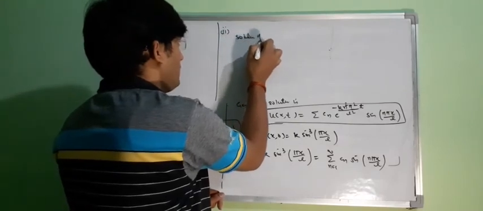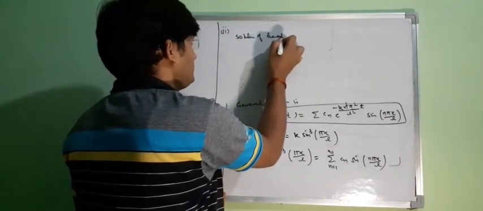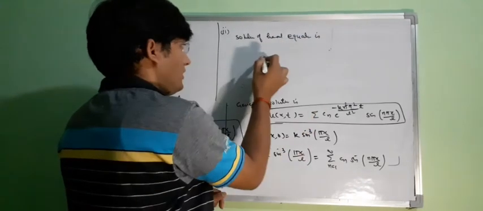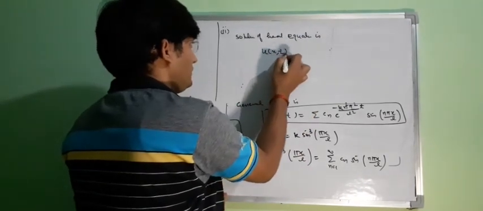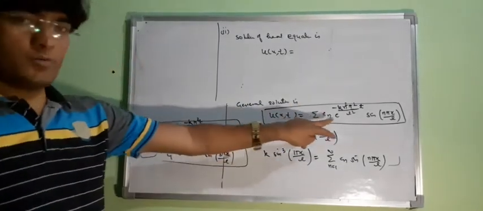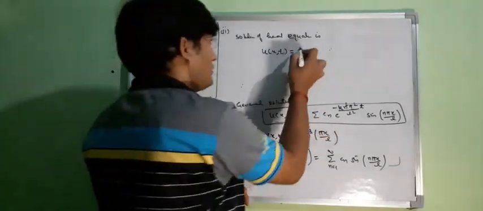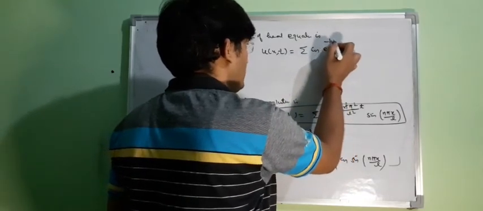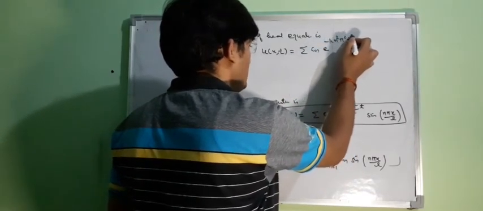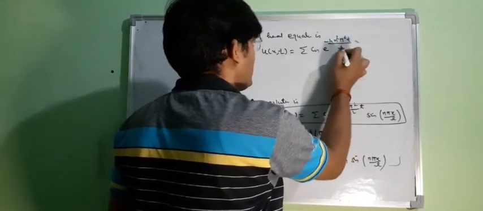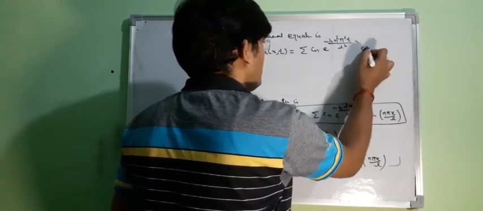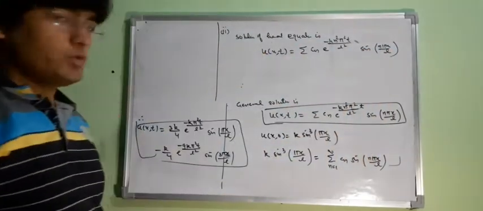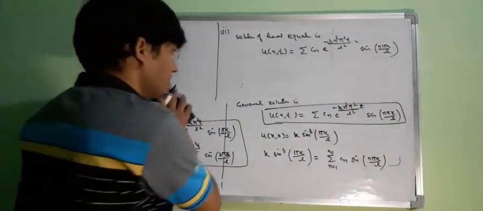Solution of heat equation is, up to this step we have all the things common, so your u(x,t) will be Cn into e power minus k n square pi square t upon L square, then sine n pi x upon L. So this will be your solution. Now our initial condition is changed.